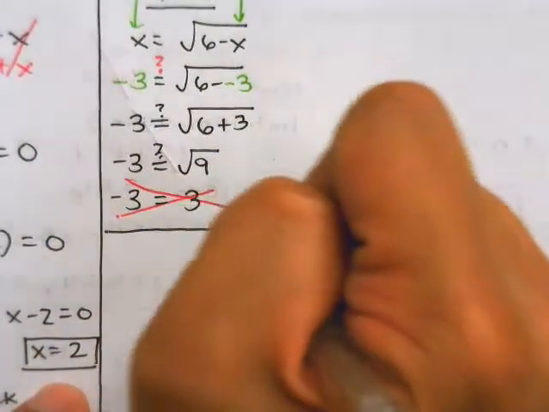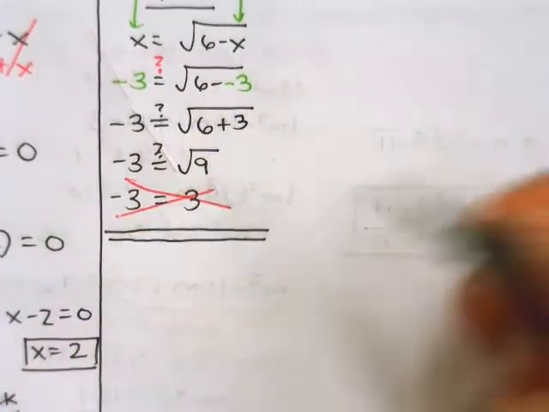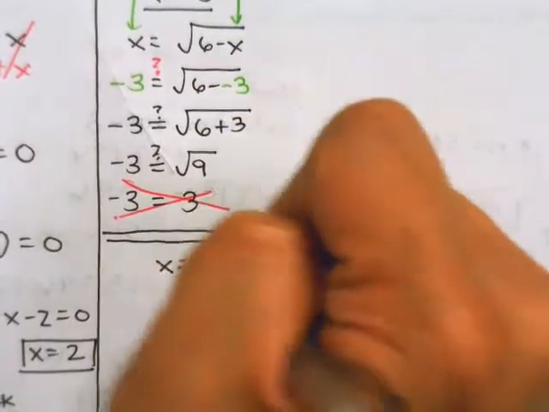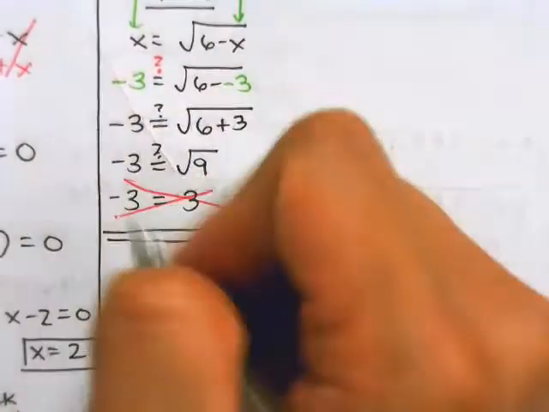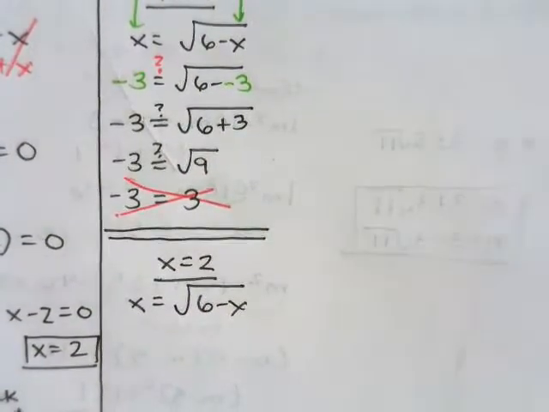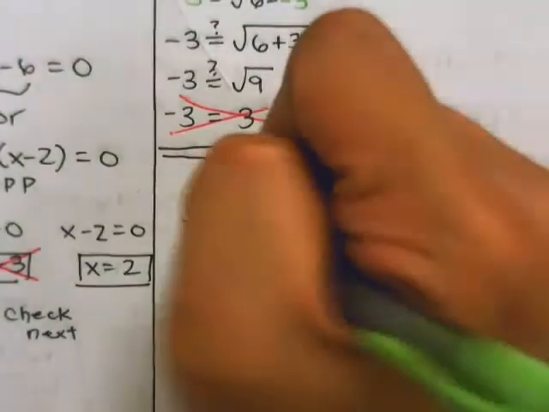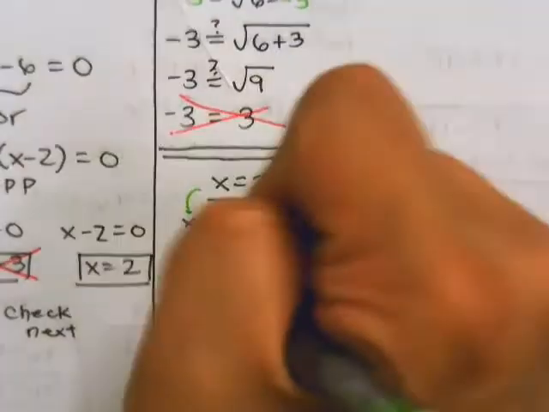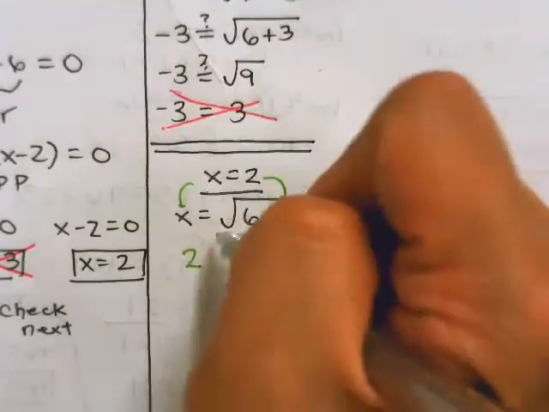Now let's see the other potential answer, x equals 2. Let's see if that one checks out. X is equal to square root of 6 minus x. Let's plug in that 2 here and here. 2, and then again, question mark.